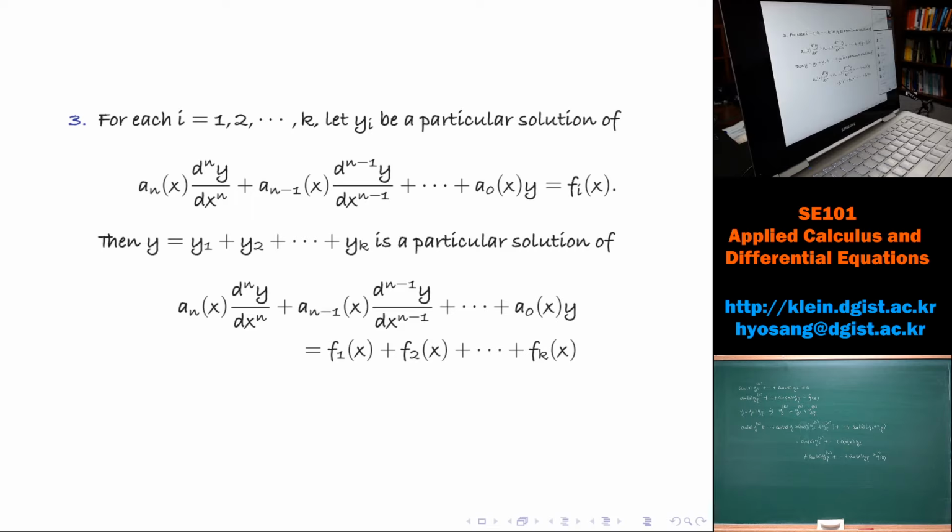Our goal is to find a solution to this differential equation below. We are going to find a particular solution to this differential equation.